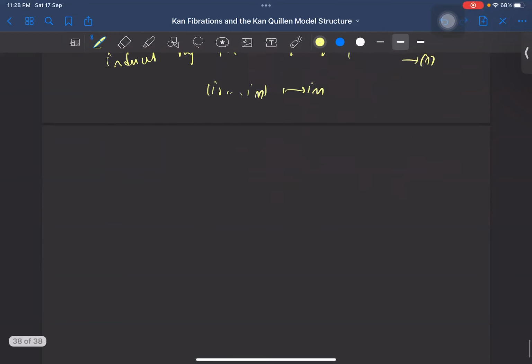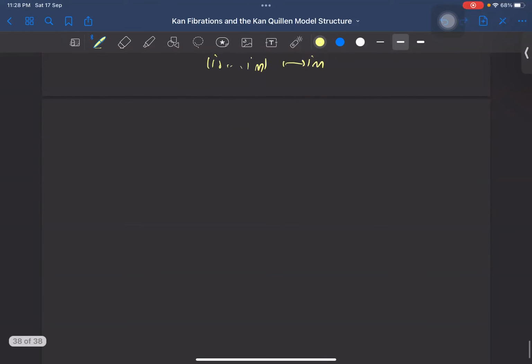It's easy to see. Similarly, we can extend this to a simplicial set, so this extends to give a map for a simplicial set.